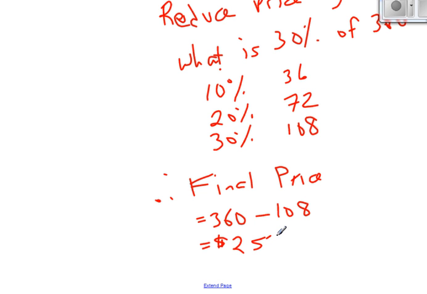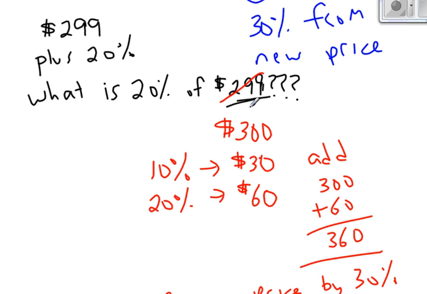Now, look at how I did the work in red. First of all, I rounded to 300. Perfectly fine. You are absolutely allowed to do that. I think that's one of the reasons why they gave you a number like $299. Then, one of the easiest ways to do percent is to do 10%, which is to just make it 1 decimal place smaller. So 10% of 300 was 30. Therefore, 20% is 30 plus 30, or 60.